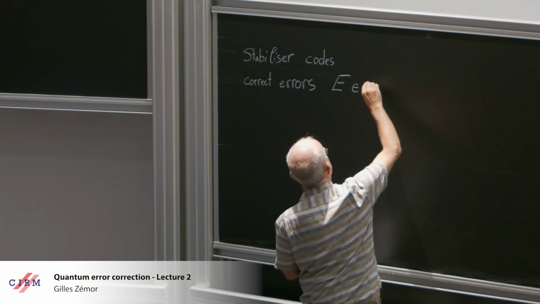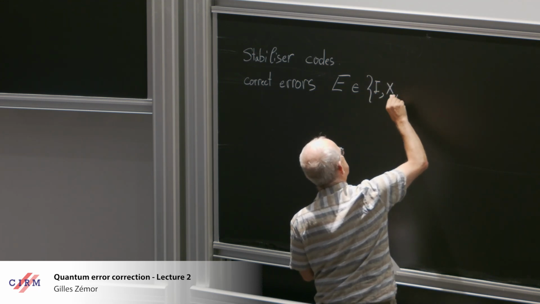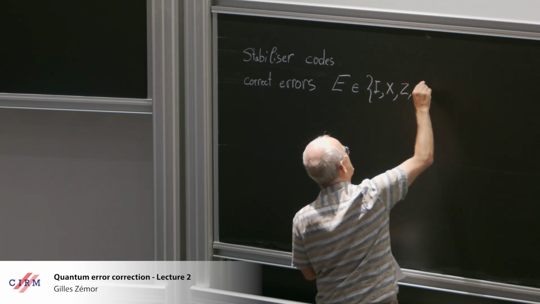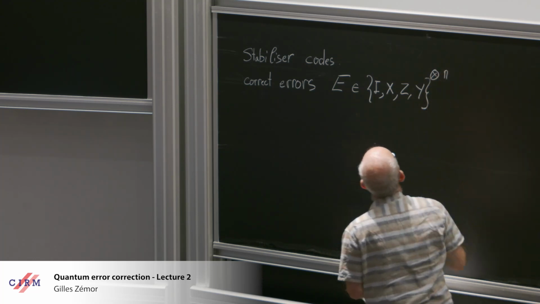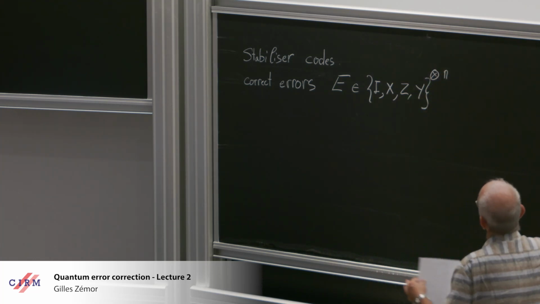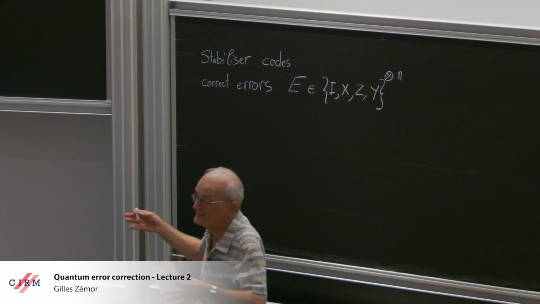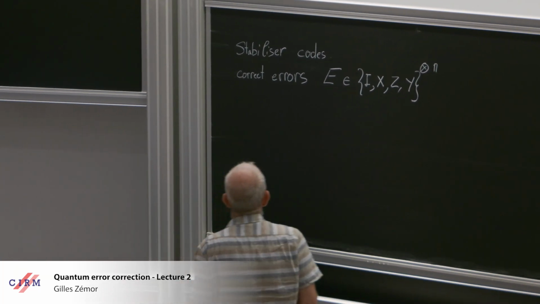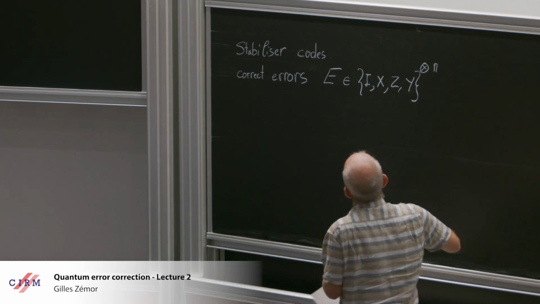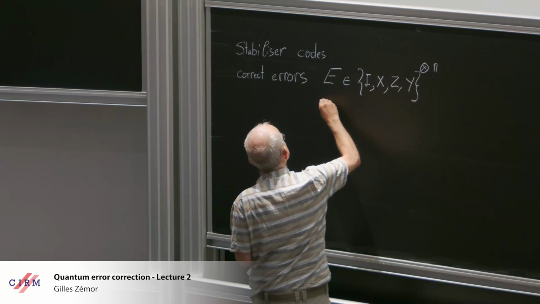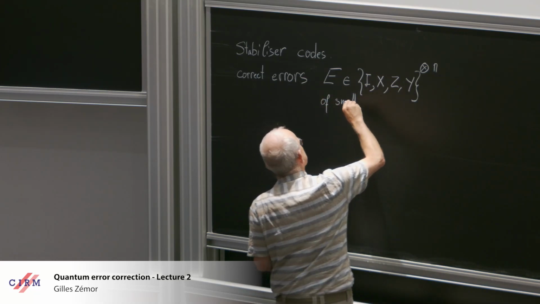So it's a finite set made up of identity, X, Z, Y, tensored in the general case n times if we have n qubits. So n equals 5 in the case of the 5-qubit code. And we'll be trying to correct errors E of small enough weight, like in the classical case.